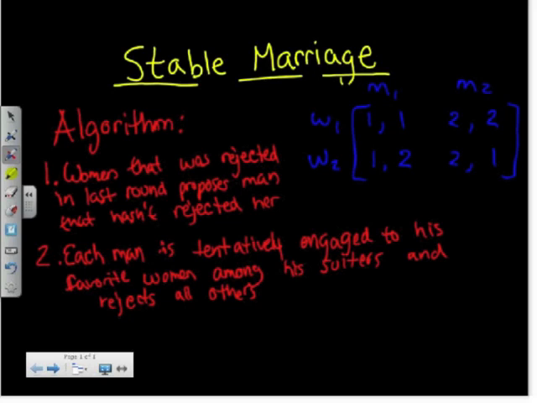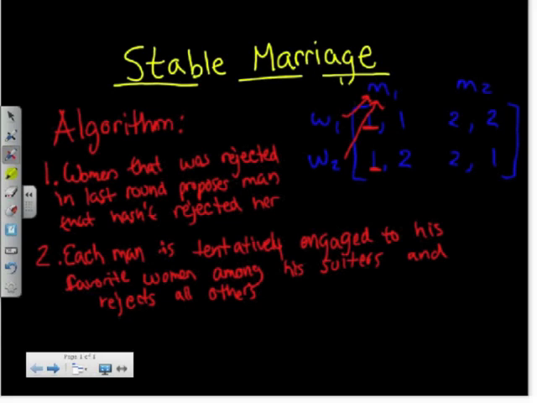If we follow the first step, each woman is going to propose to her favorite. So woman 1 would propose to man 1 because that's her preference right here. And woman 2, her preference is also man 1, so she would also propose to man 1.